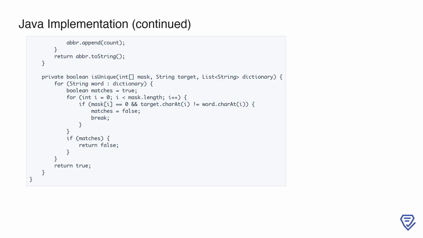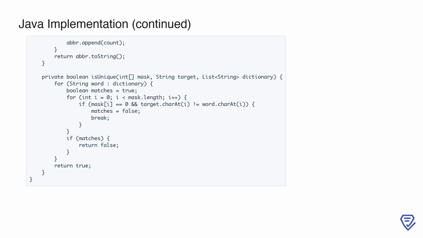The last helper function, isUnique, is responsible for verifying if a given abbreviation, determined by the mask, is unique against the filtered dictionary. It does this by iterating through each word in the dictionary and checking character by character whether the abbreviation conflicts with the word. For each bit in the mask, if the bit is 0, the corresponding character in the target word and the dictionary word must match.